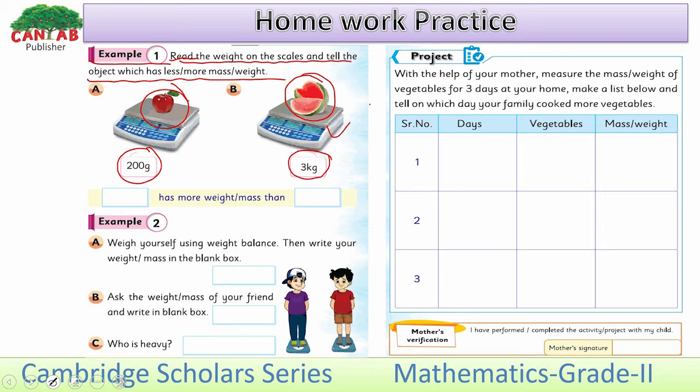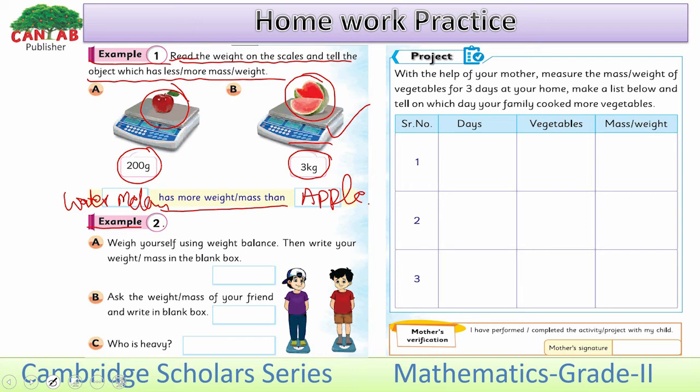So the watermelon has more mass or weight than the apple. So here you will have to write watermelon, and then apple. Complete it on your workbook.